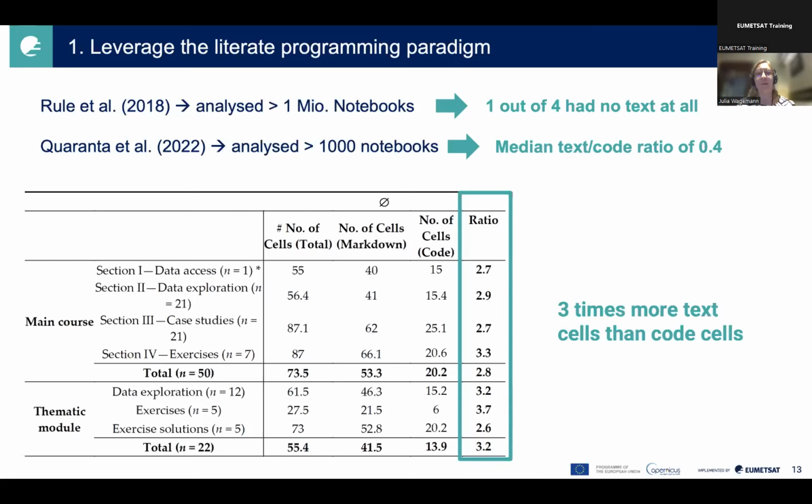The idea of a literate programming paradigm is not new. It was already proposed in 1984, with the idea that code can't exist alone and always has to come with descriptive information about what the code is doing.